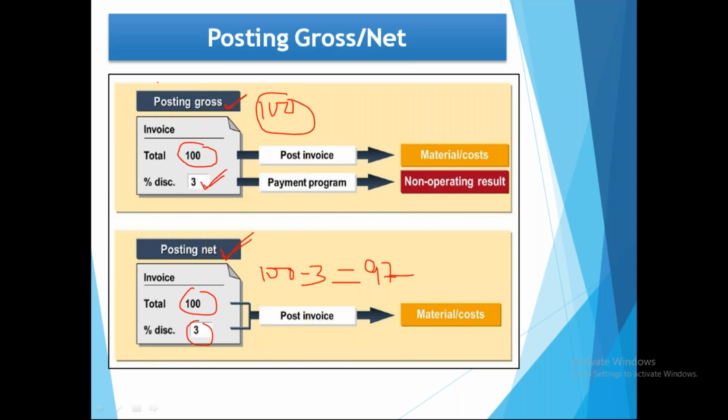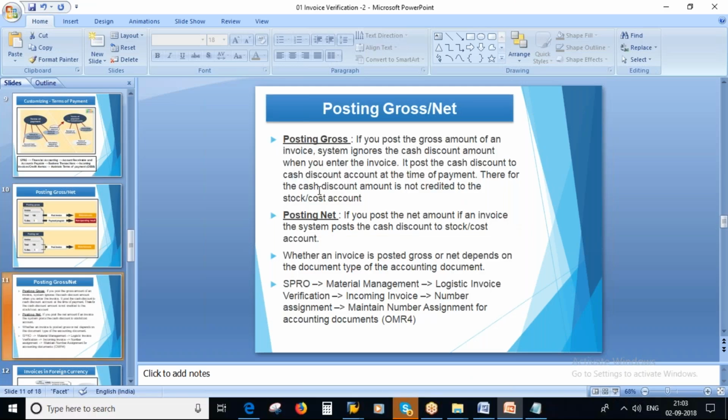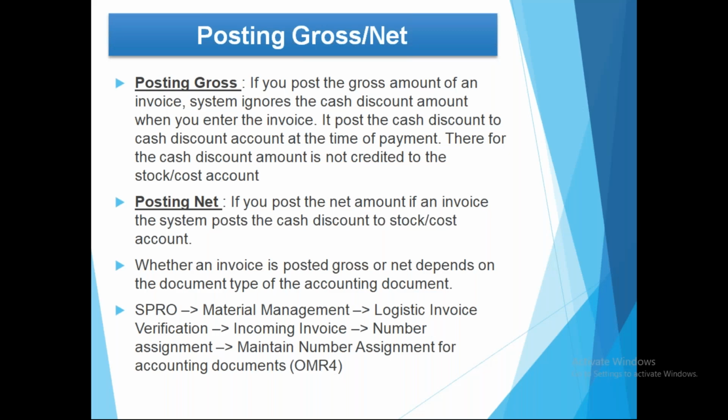Whether you want to post gross or net value, you will be deciding in the Miro transaction. Let's see how to do that. If you post the gross amount of an invoice, the system ignores the cash discount amount when you enter the invoice.